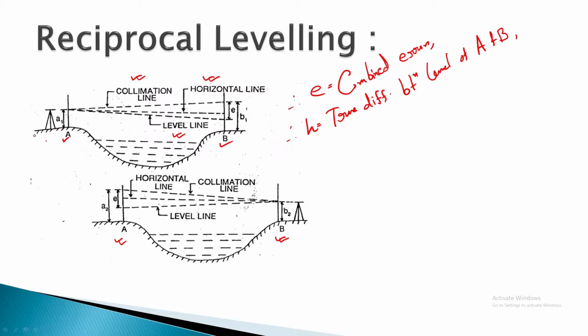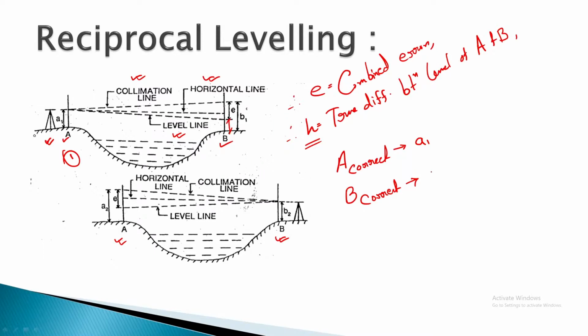That means when the instrument station is near point A, and when the instrument station is near point B. Let's determine the value of H, the difference between the levels of A and B, when the instrument station is at point A. In the first case, the correct staff reading at A is A1, and the correct staff reading at B is B1 minus E, because the correct staff reading should be this one.